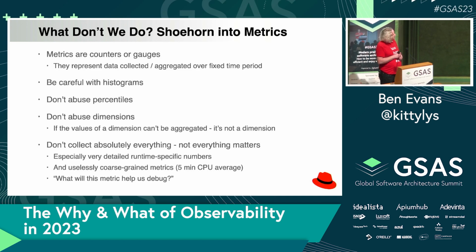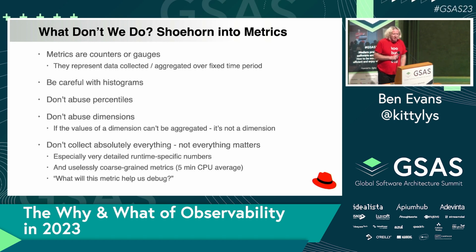The other thing which is also worth saying is that you don't have to collect everything just because you can. Not everything that you can collect actually matters. One place I saw this, I've been doing some work on the open telemetry standards, and the runtime-specific metrics. People went a little bit crazy and started to try to get everything they possibly could into the runtimes metrics piece, including things that are uselessly coarse-grained.